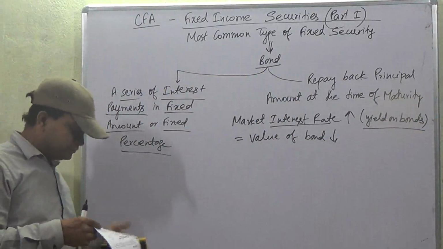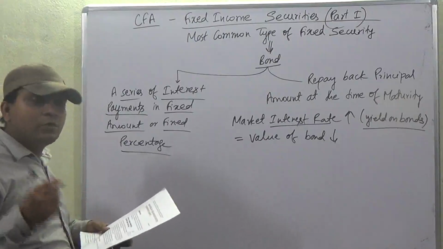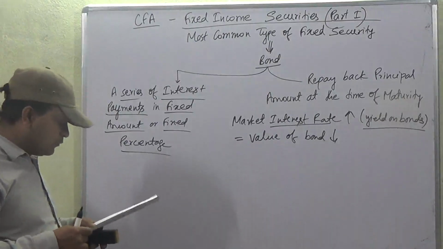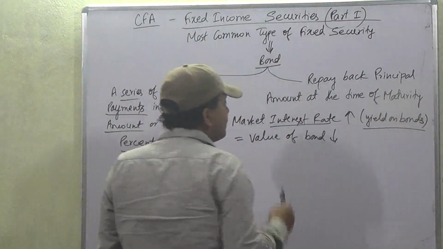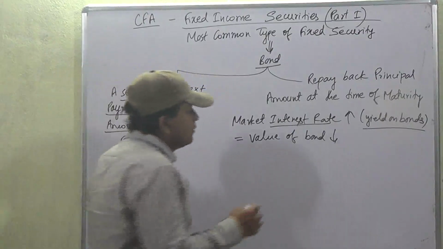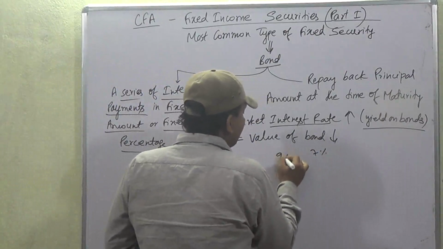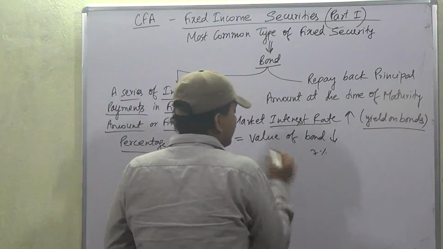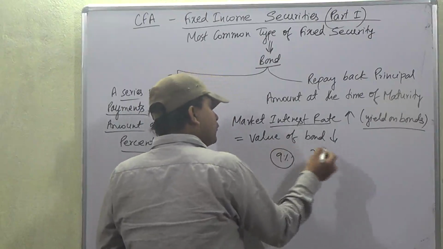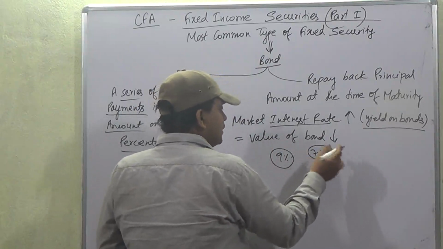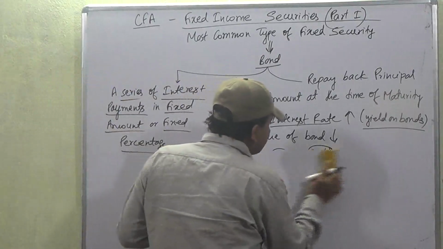Why is it so? Because the present value of the bond's promised cash flow decreases when the interest rate is increasing. Try to understand: let us suppose a bond is giving 7%. Now another bond can be giving an interest rate of 9%. So if the interest is higher at 9%, then the bond which was earlier at 7% will give you less return. That is the key point over here.